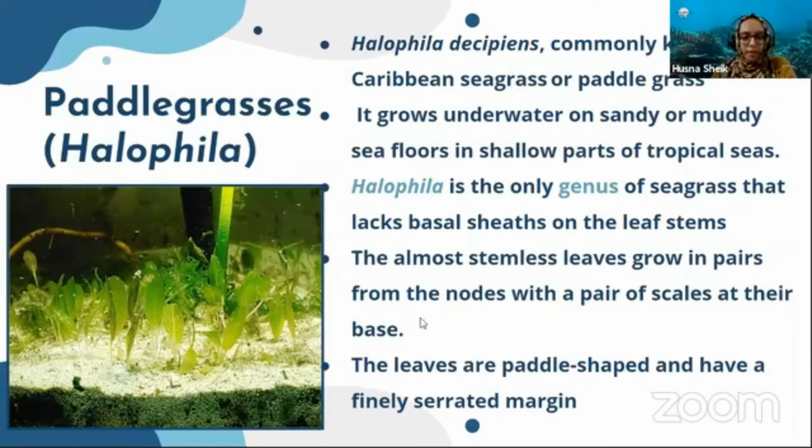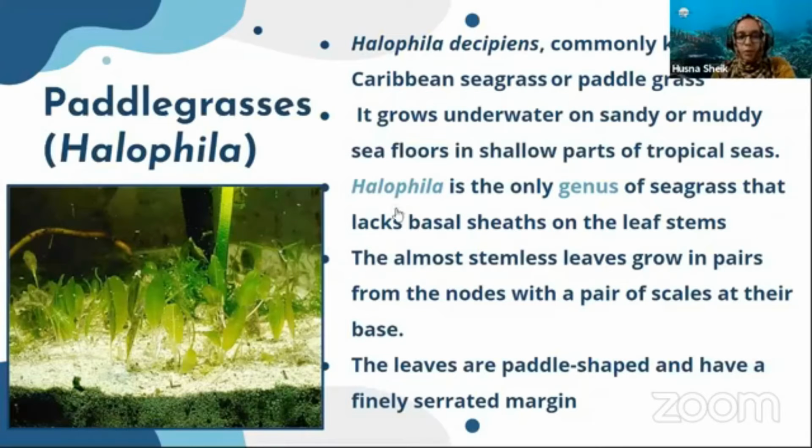You can see how Halophila is different from the previous examples we studied. They have a rounder shape, and they're not so lengthy. They live closer to the sea bottom.